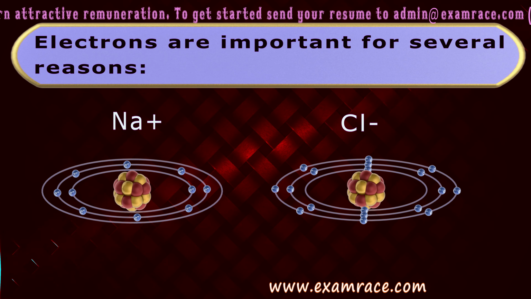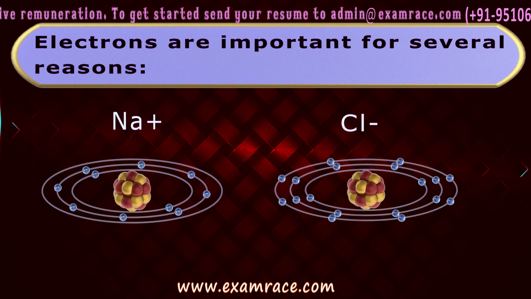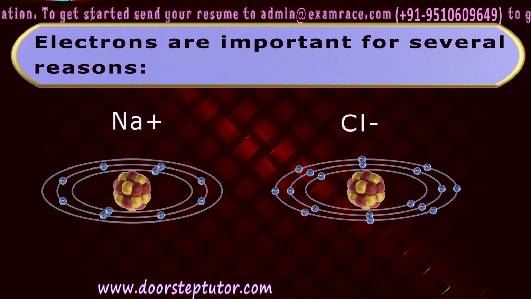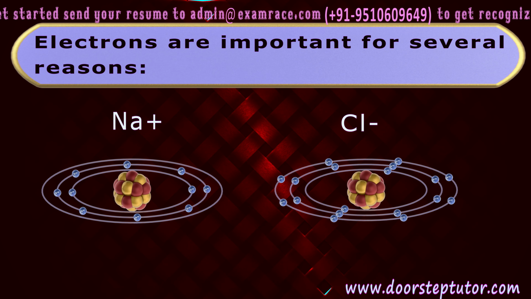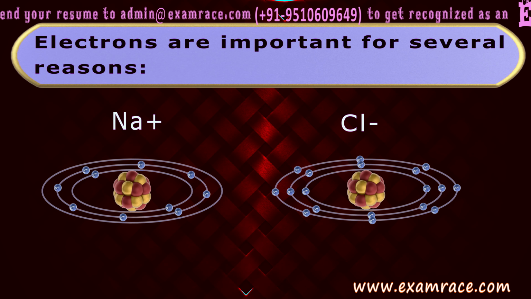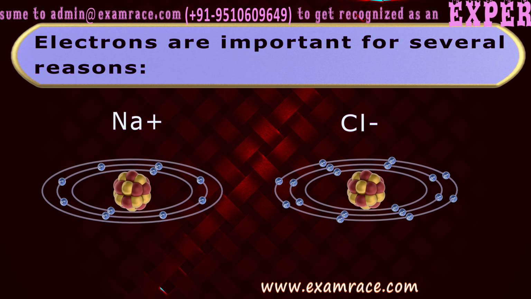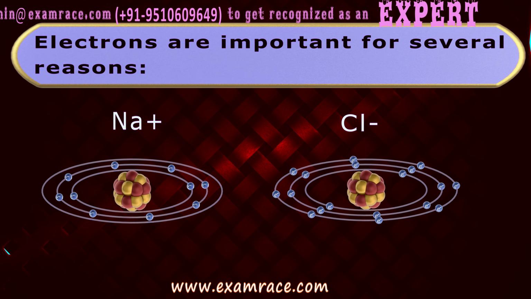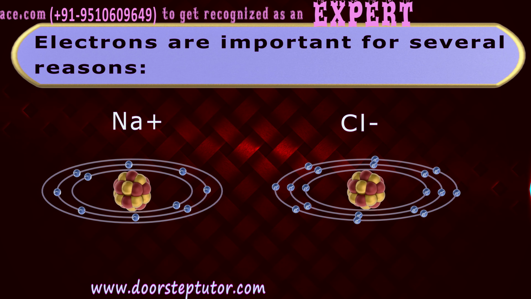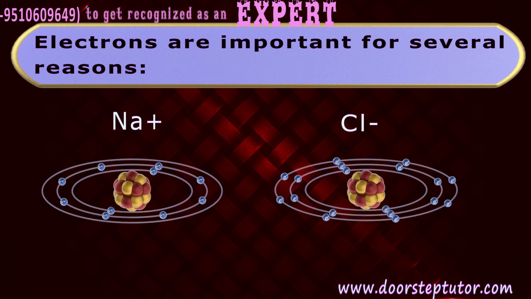So that's why it has a positive charge, because in the sodium atom protons are now in greater number. Similarly, in chlorine electrons are now in greater number. So this is the reason why they have positive and negative charges.